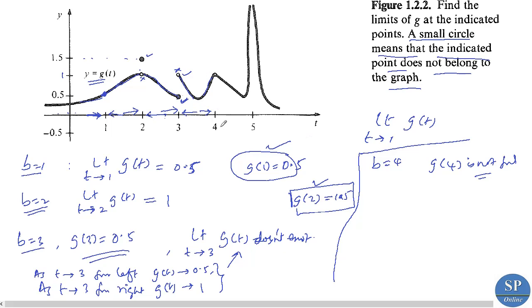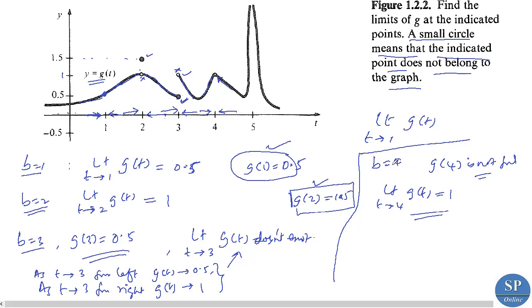So as t approaches to 4 from left, g of t approaches to 1, and as t approaches to 4 from right, you can see that the curve approaches to the same point. So we can say that the limit t approaches to 4, g of t is equal to this point, which is equal to 1.